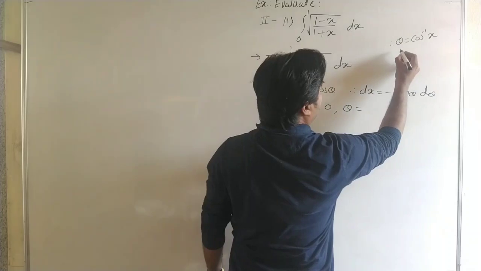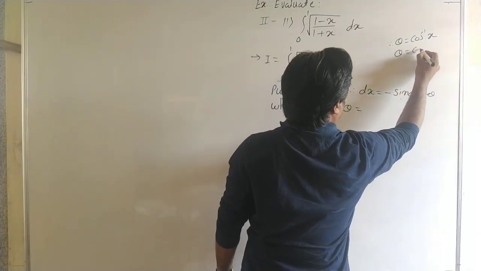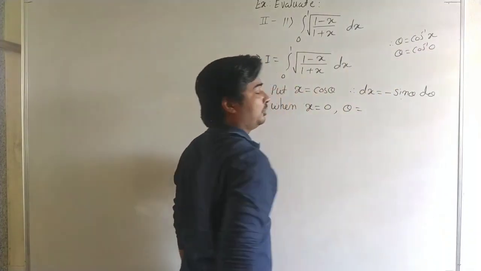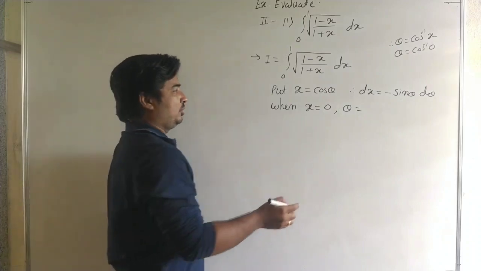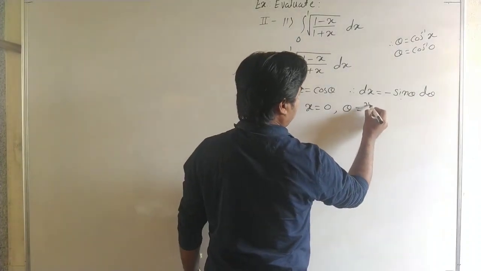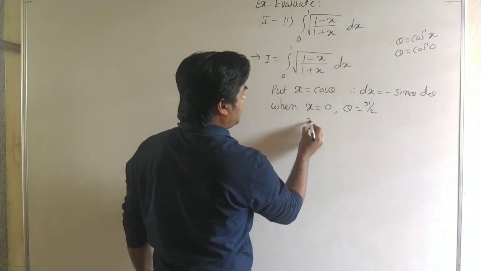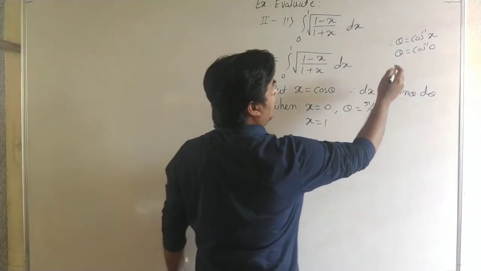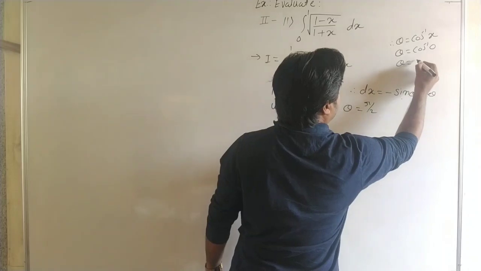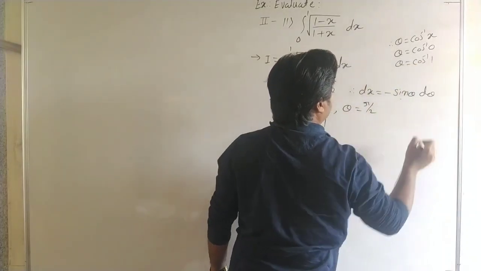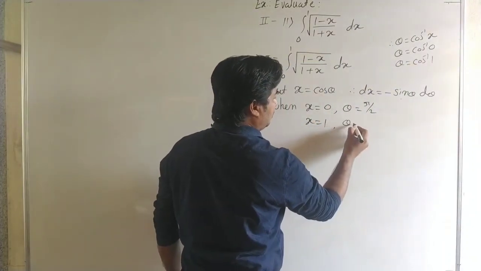When x is equal to 0, theta is equal to cos inverse of 0, and cos inverse of 0 is pi by 2. And when x is equal to 1, that is cos inverse of 1, and then theta is equal to 0.